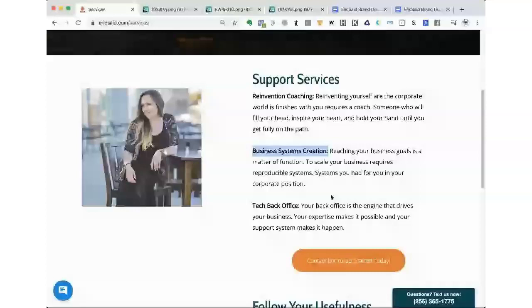We help them to build systems so that they can scale their business. If you're going to scale your business, it requires reproducible systems. And then I remind them again, we've talked about this on the homepage, systems that you had when you were in your corporate position. Is that helpful to people?